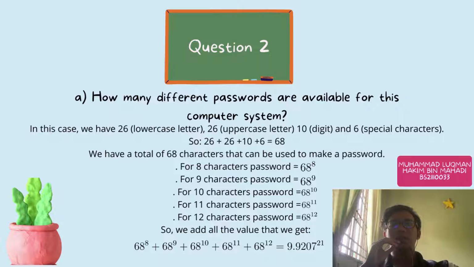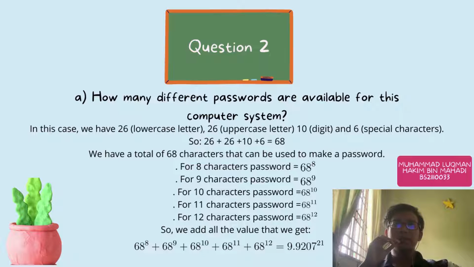So in this case, we have 26 lowercase letters, 26 uppercase letters, 10 digits, and 6 special characters. So we sum all up and we get 68. So we have a total of 68 characters that can be used to make a password. A password must have at least 8 characters, but no more than 12 characters.